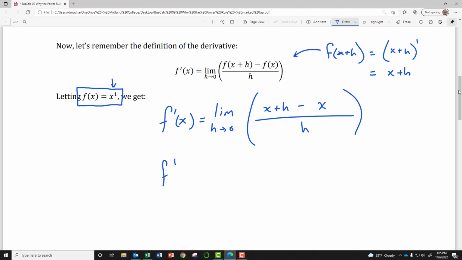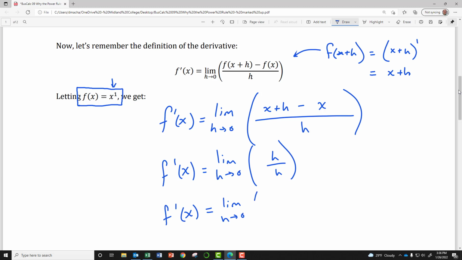Now, in the numerator, I have a positive x and then minus x, so x minus x is going to cancel, and we're talking about the limit of this ratio h over h. Whatever the value of h is, h divided by itself is just the number 1.